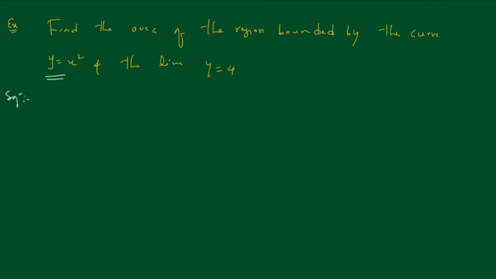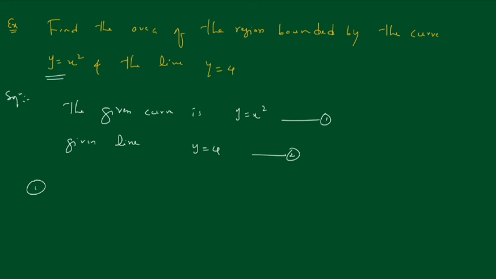So let's see. The given curve is y equals to x square, take it as equation 1, and the given line y equals to 4, take it as equation 2. Therefore equation 1 is an upward parabola.